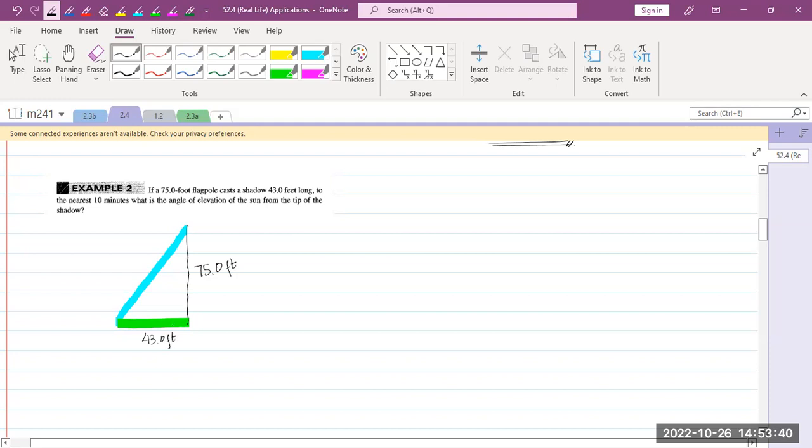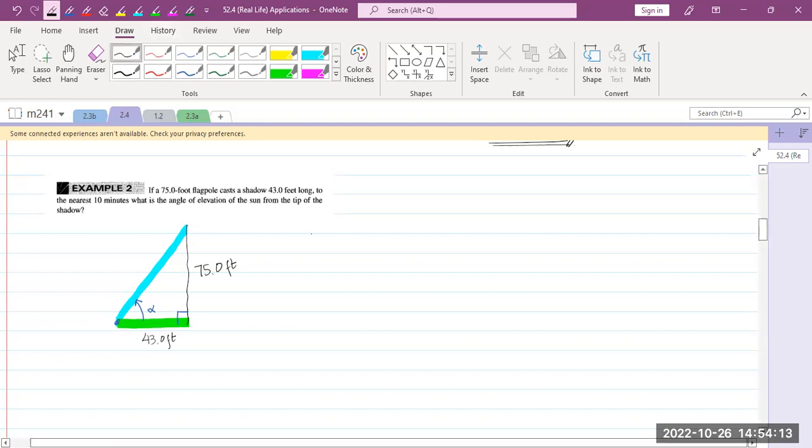Basically we will find the angle. What is the angle of elevation of the sun from the tip of the shadow? From the tip of the shadow, what is the angle of elevation? What is the alpha here? Now then again we think about, what relates alpha and 75 feet and 43 feet?